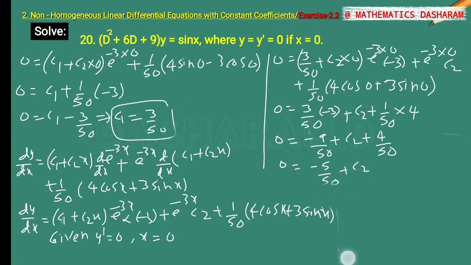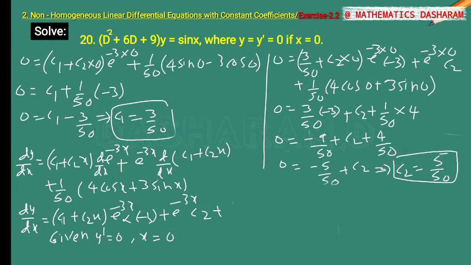So c2 equals 5 by 50. So now substitute c1 and c2 values in the general solution.